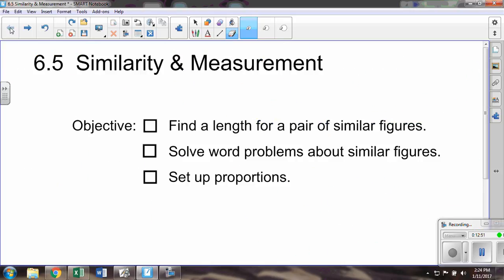That's why it's so important to set up our proportions correctly. Whether it's a word problem where we need to set up the proportion, it's a simple picture, it's a complex picture, we know that we can use proportions to find those lengths within a set of similar figures.